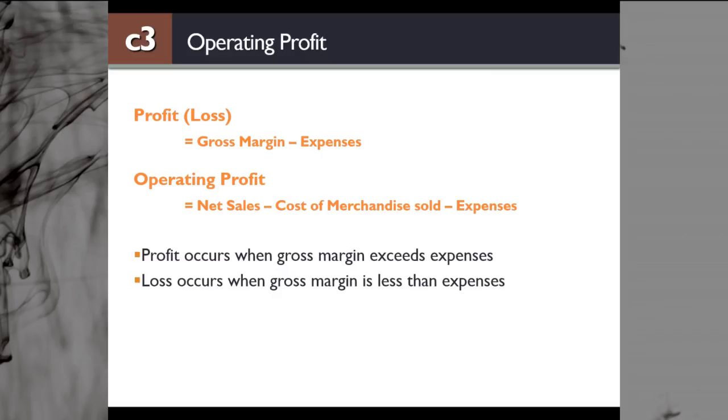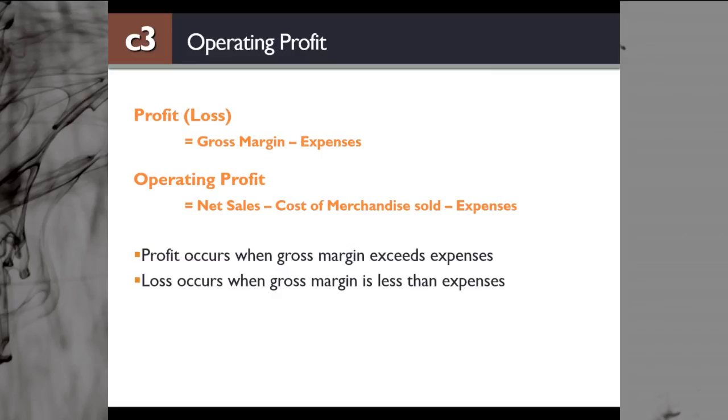And think about it, when the profit will occur, think about the gross margin and expenses. If your gross margin is bigger than your expenses, yes, you will have plus of the profit, right? So you will get the profit. But imagine that you spend more, you have more expenses than your gross margin.